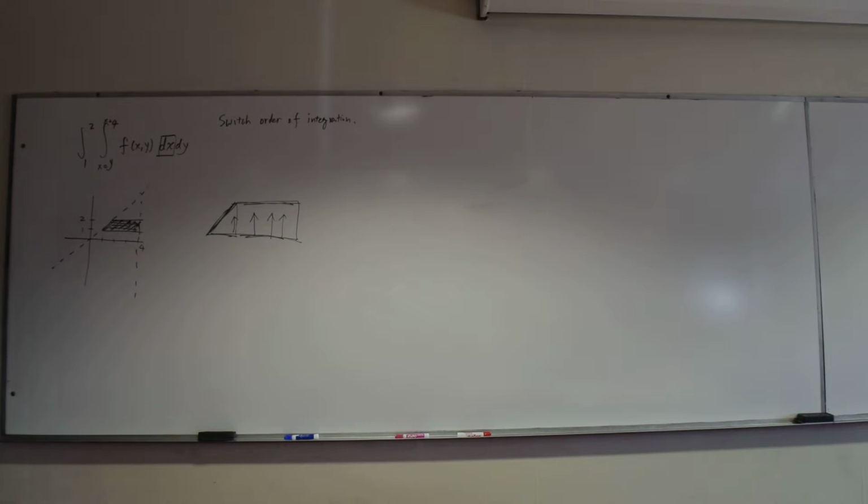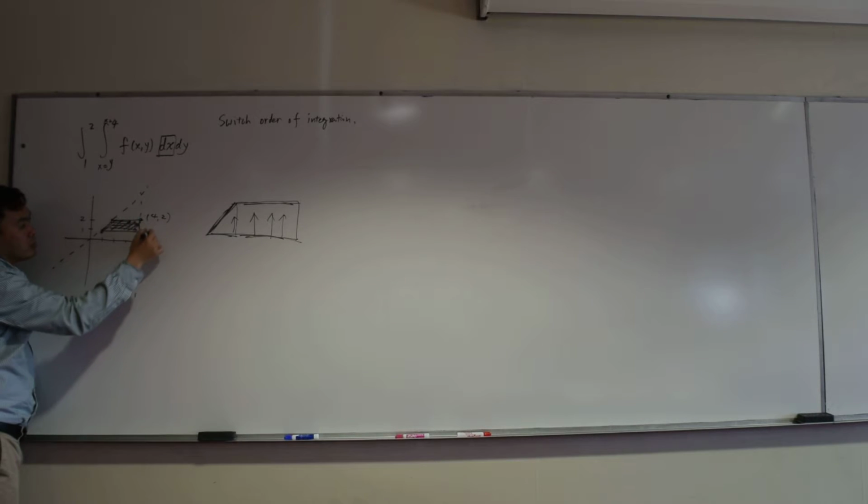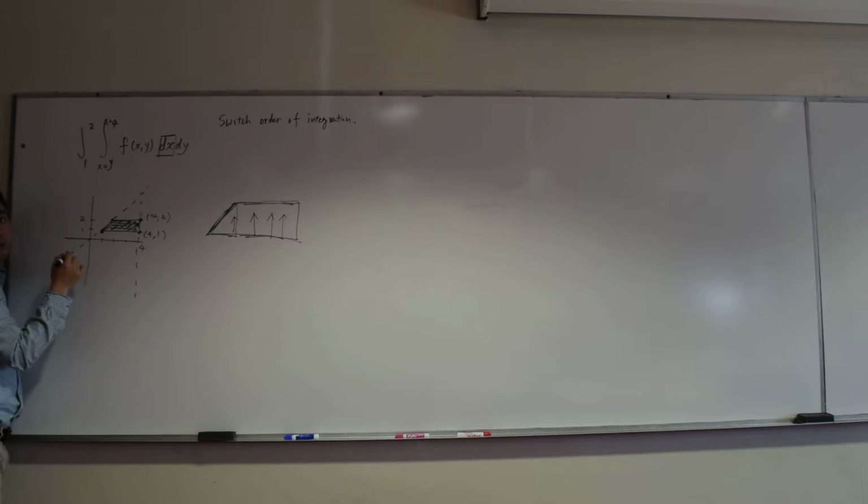All right. And often when you solve these questions, it's good to know these coordinates. Now, these are easy. This is (4, 2). This is (4, 1). What's this? (1, 1). It will be (1, 1). If you draw it carefully, it's just (1, 1).